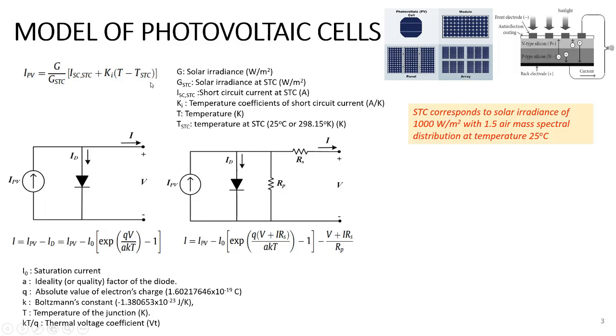The produced electric current is called IPV and is expressed as we could see here. And also, we can find the related parameters defined like this.